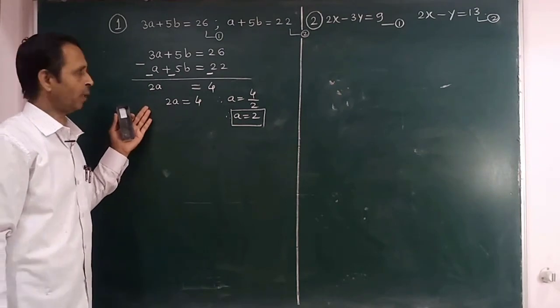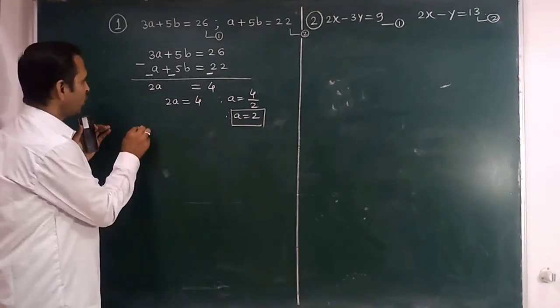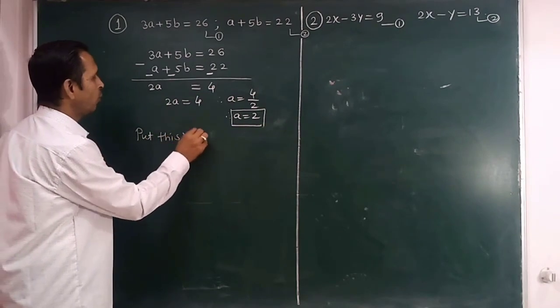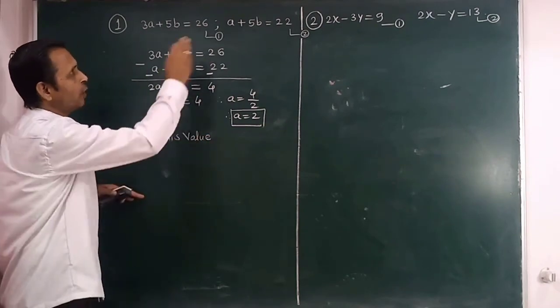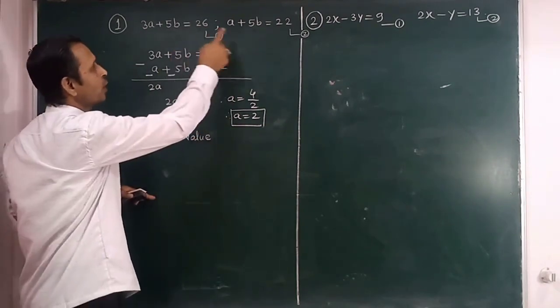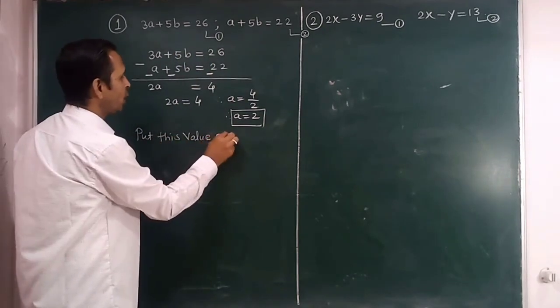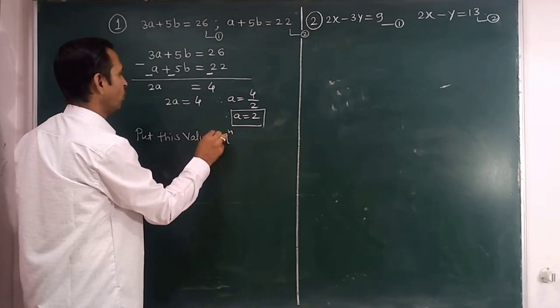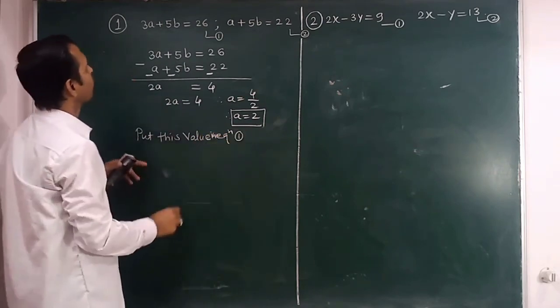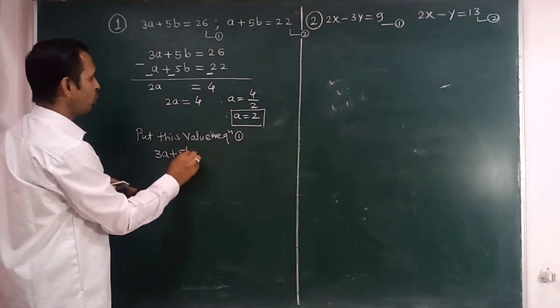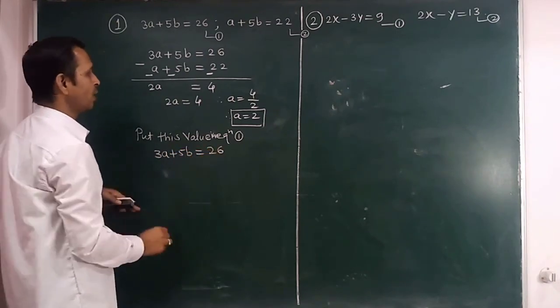It is very simple. Now put this value in any one of the equations, that is equation 1 or equation 2. Now put this value in equation 1. Equation 1 is 3a + 5b = 26.